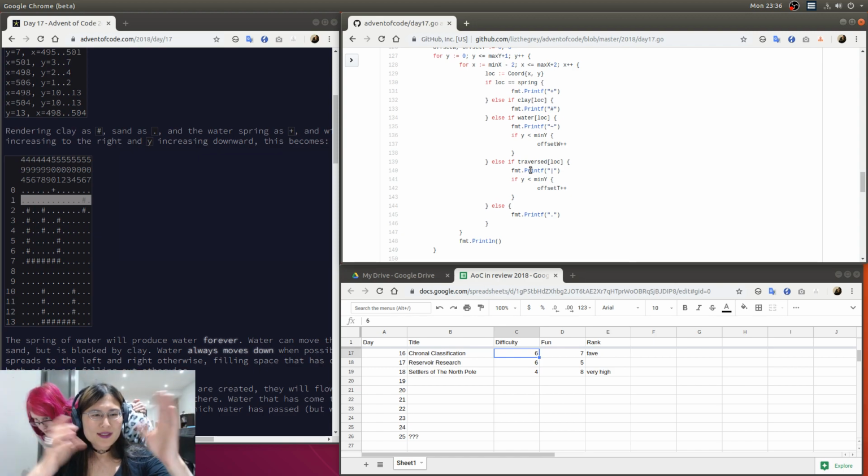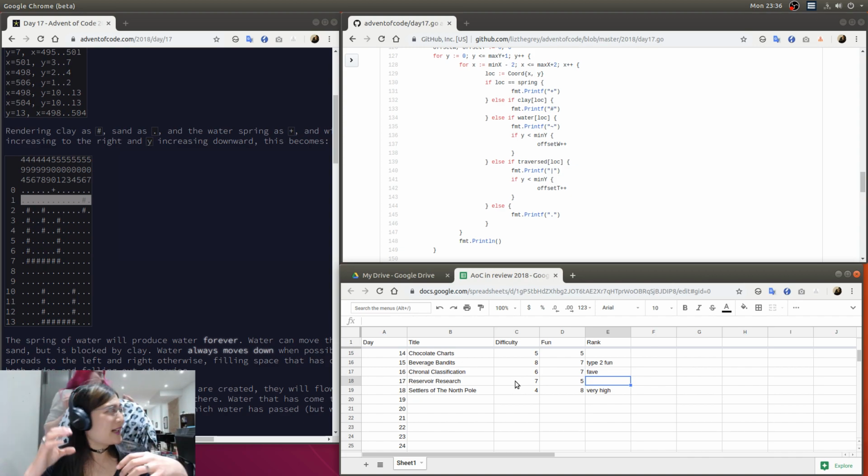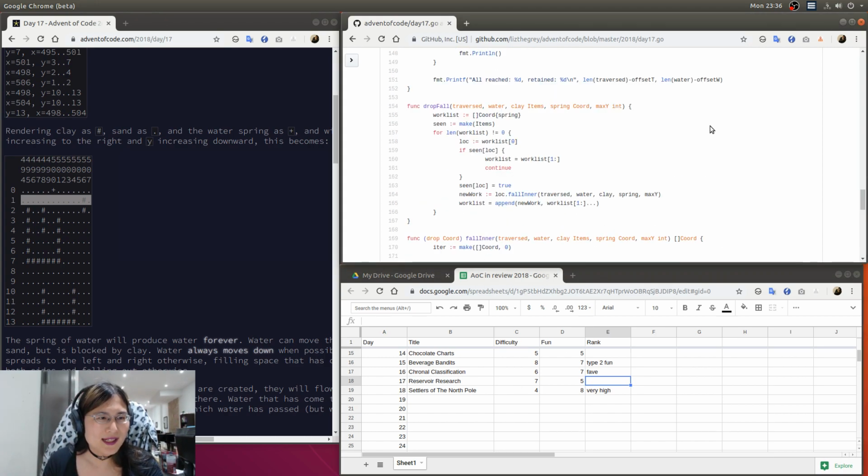You know, there are a whole bunch of really intricate things that need to happen here in order to make sure that you could actually properly resolve where each piece of water was supposed to land, as well as remembering which things were just transient water flows and which things were actually places where water was collecting.